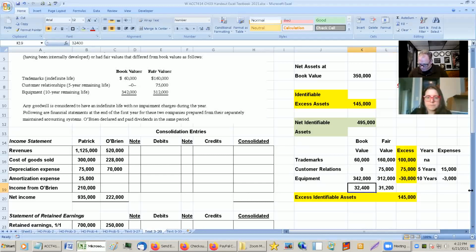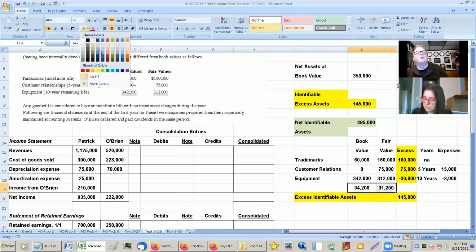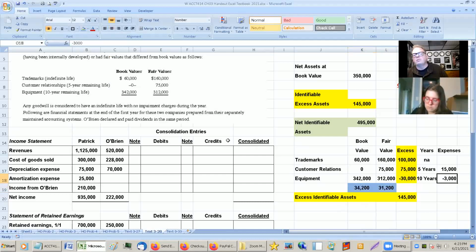Transposition here, 34,200. So the difference is that 3,000. The difference between those two will also come out with that same number.